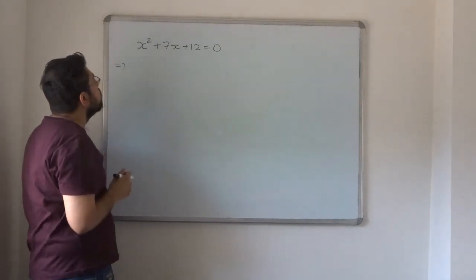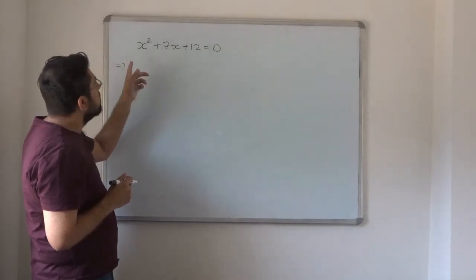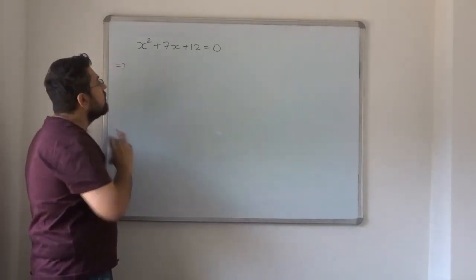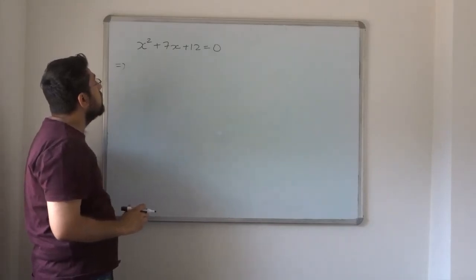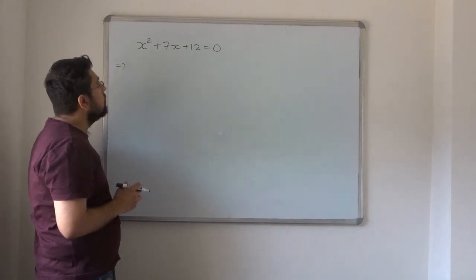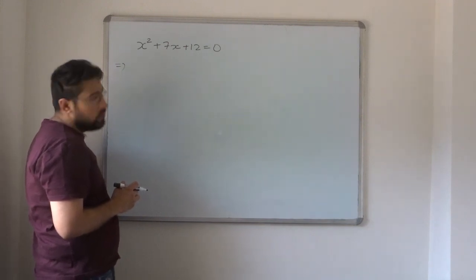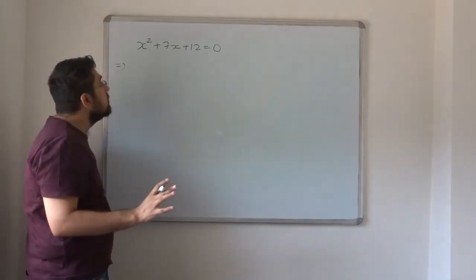What is the first step here? Guys, there's nothing in front of x squared, so you can't divide by anything. So the first step in that case is whichever number is in front of x, we divide that number by 2 or multiply it by half. It doesn't matter.